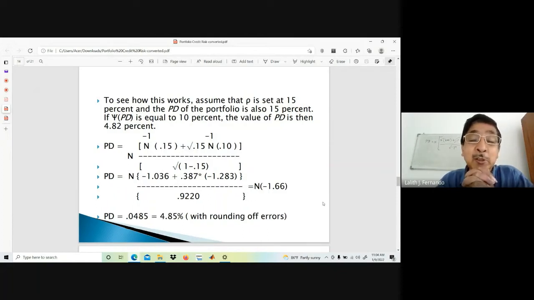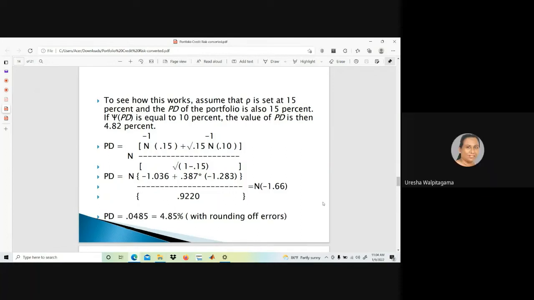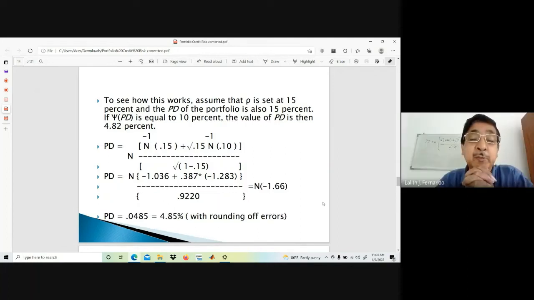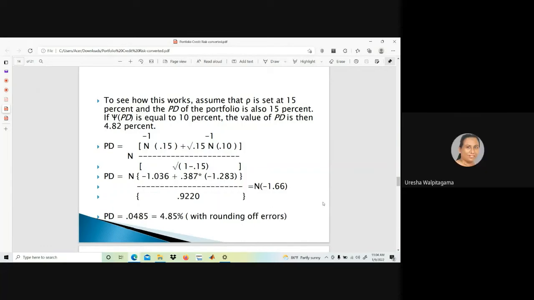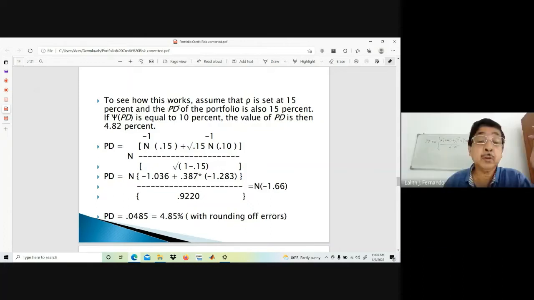It is the EDR, the expected default frequency of the portfolio. That is not the PD. Okay, EDR. I think you have to change this. Rather than PD, it should be EDR.